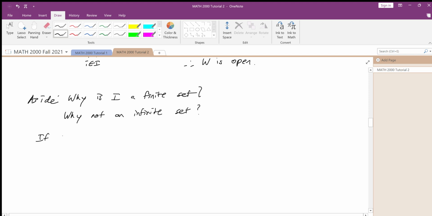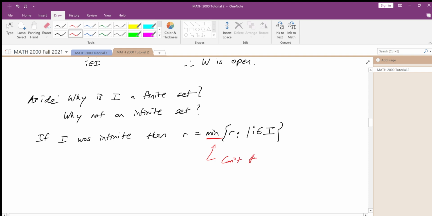If I was infinite, then this definition here doesn't make sense. The minimum, you can't always take a minimum. Instead, what you could do is take an infimum, like this.